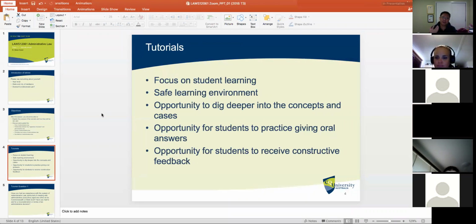And the other thing is that the tutorial is an opportunity for us to be together as a community of learners. Because imagine, for some of you, especially those who may be staying at home, those of you who are likely to be taking care of kids, there are limited opportunities to engage with others.